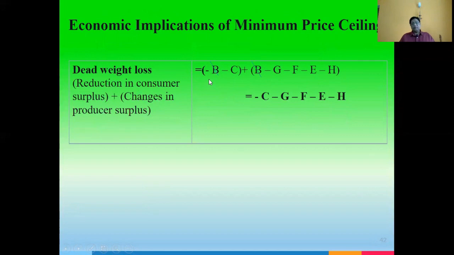Reduction in consumer surplus is given by the area of B, C, that is minus B minus C. Then producer surplus is increased by the amount of B but declines by the amount of G, F, E, H. Therefore, deadweight loss is given by the area of minus C minus G minus F minus E minus H. Now you can see the higher social or deadweight loss due to this minimum price ceiling.